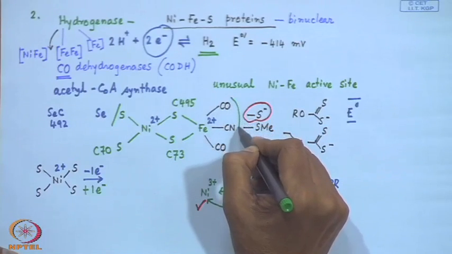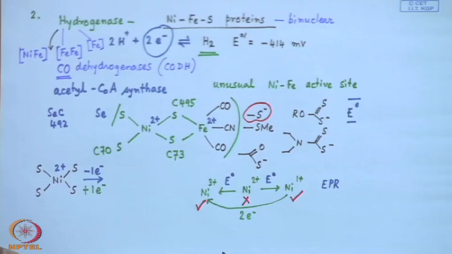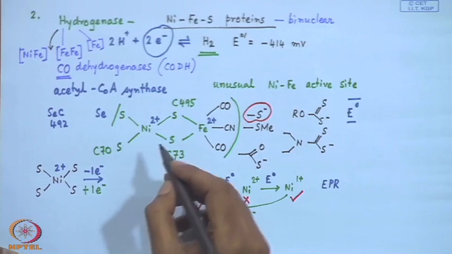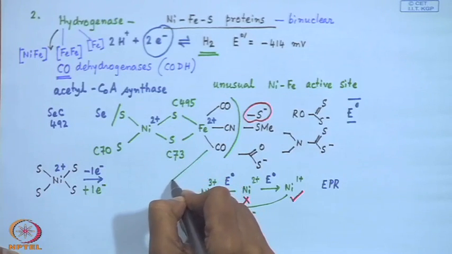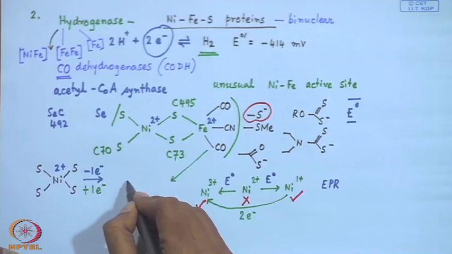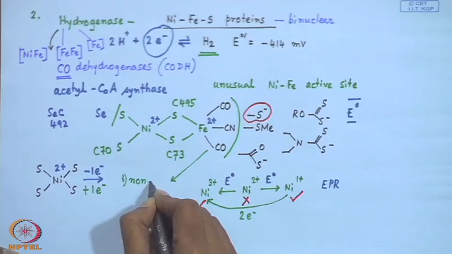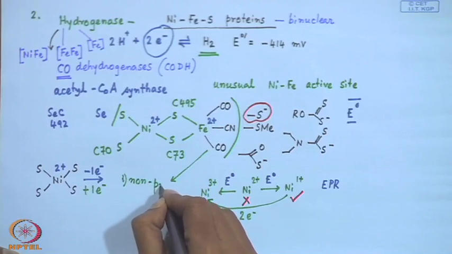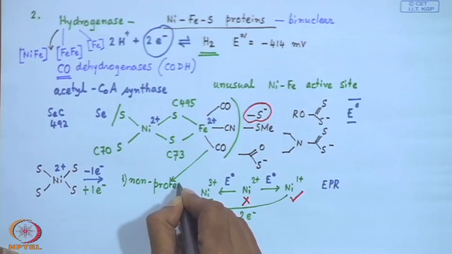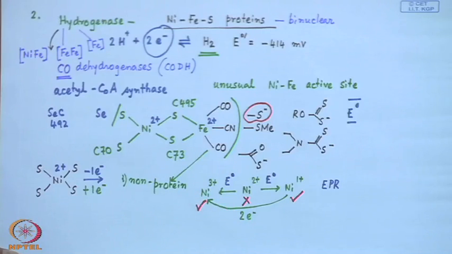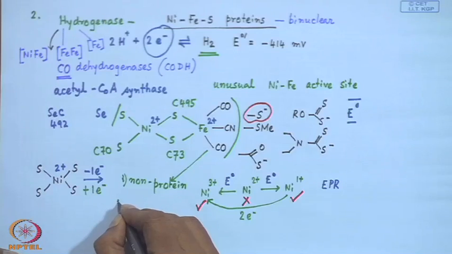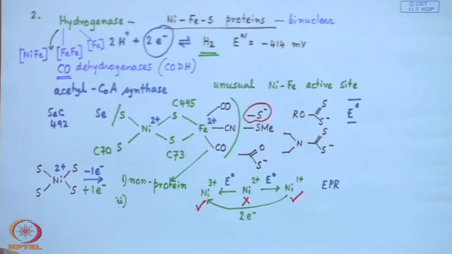So, these 3 ligands, CO, CN and CN, are non-protein in nature. So, they are non-protein ligands, which is a very unique system for this sort of molecules. So, whatever we are talking about is the protein molecules, but the ligands are of different origin. So, they are carbon monoxide, they are CN and the other carbon monoxide.